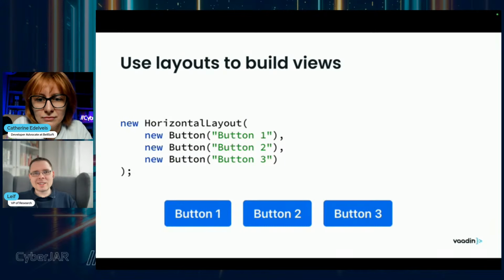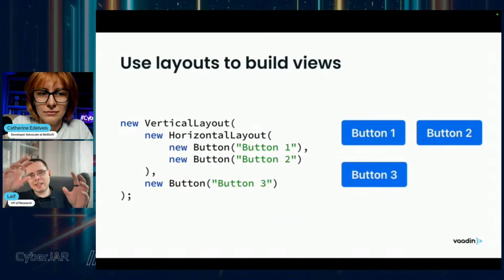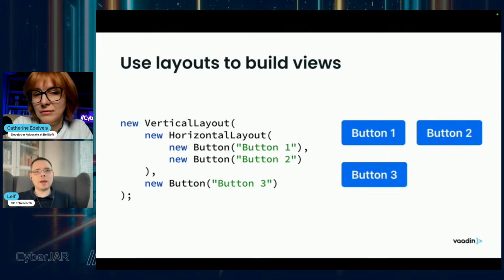And then since these layouts are also components, you can put layouts inside layouts to build any kind of structure. There are also other kinds of layouts than these very basic horizontal and vertical ones, but just with these two, you can get almost anything done. And these are all Java abstractions, so should be really familiar with any kind of Java experience.